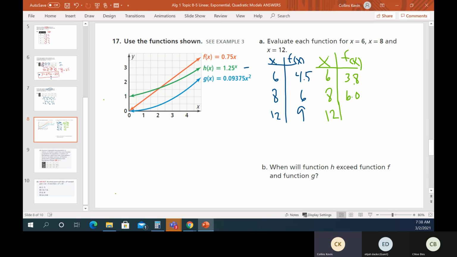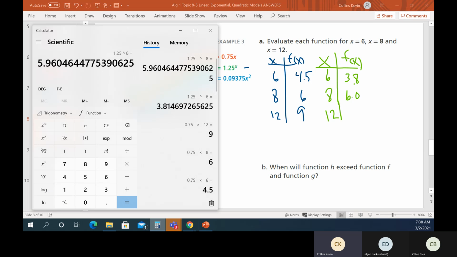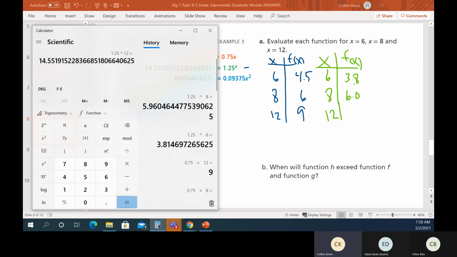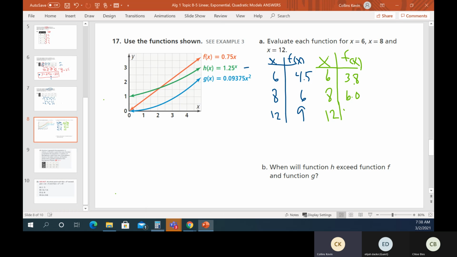All right, and then one more time. So clear it out. 1.25, and this time we're going to raise to the 12th power. Okay, so that's about 14.6. Cool.